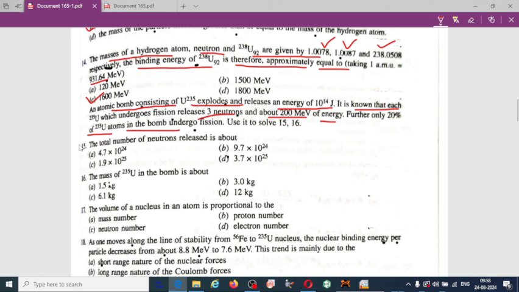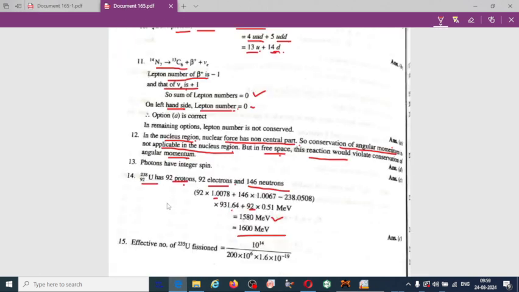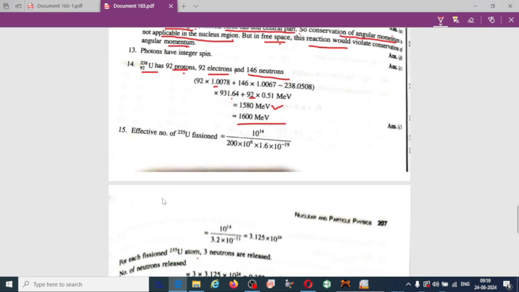So we can solve this for both the questions given data. The total number of neutrons released is about. So first you should note down the given data and then solve both the question. These questions will be repeated in GATE exam.